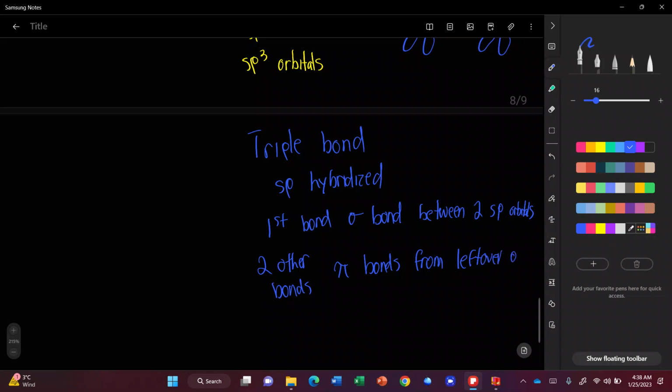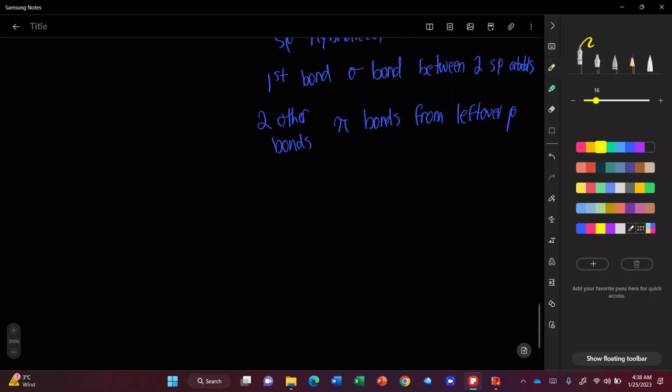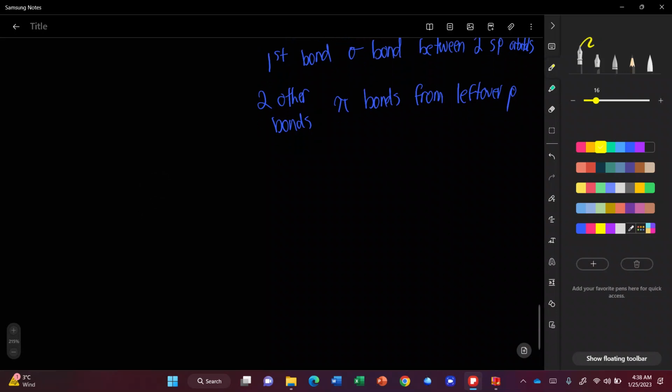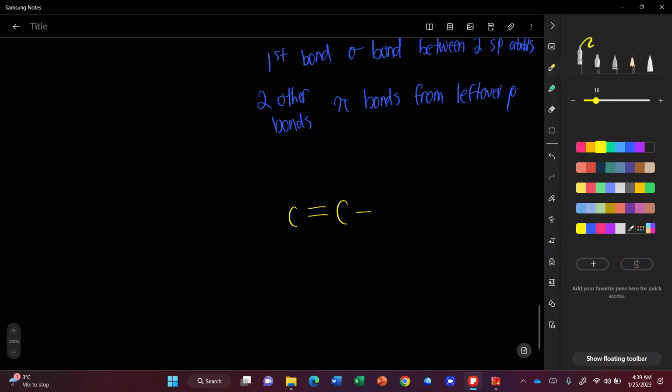And you can actually apply that same logic to sp2 hybridized compounds. So let's take a molecule of ethylene. I want to draw this geometrically correct. So let's take a molecule of ethylene.